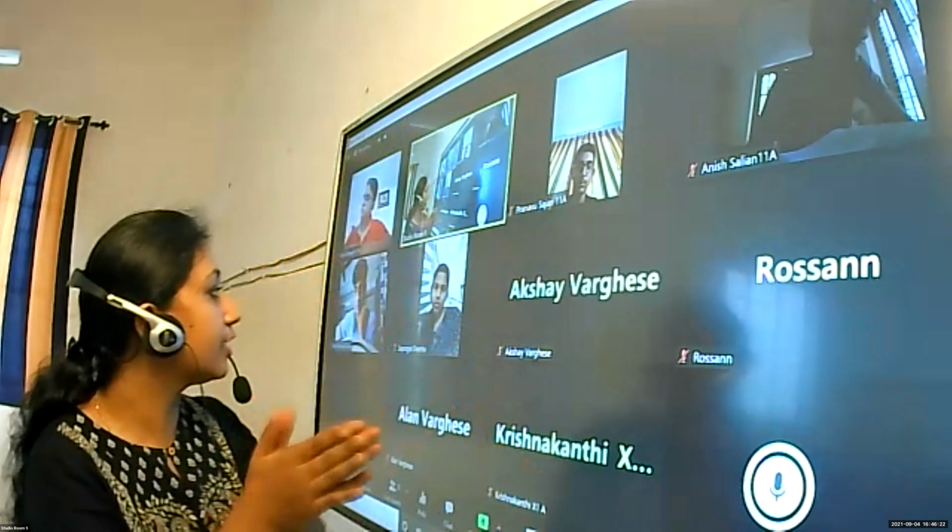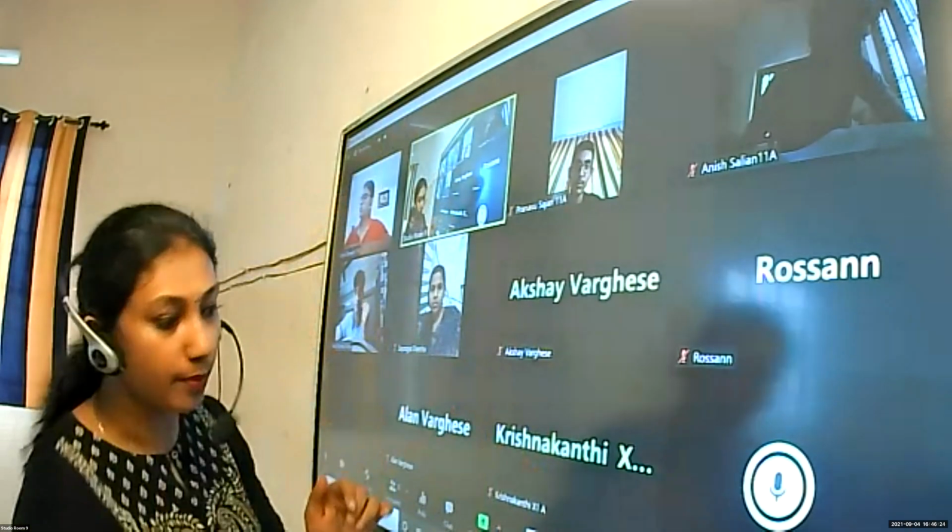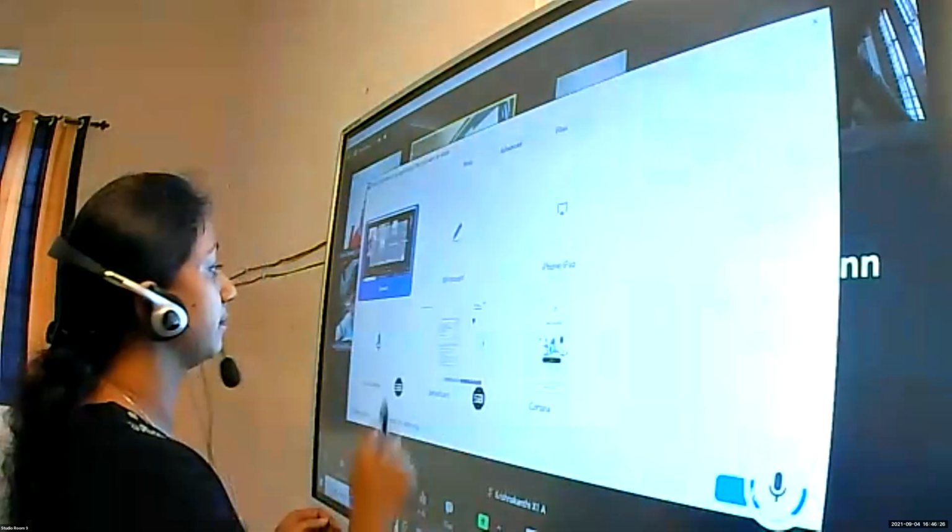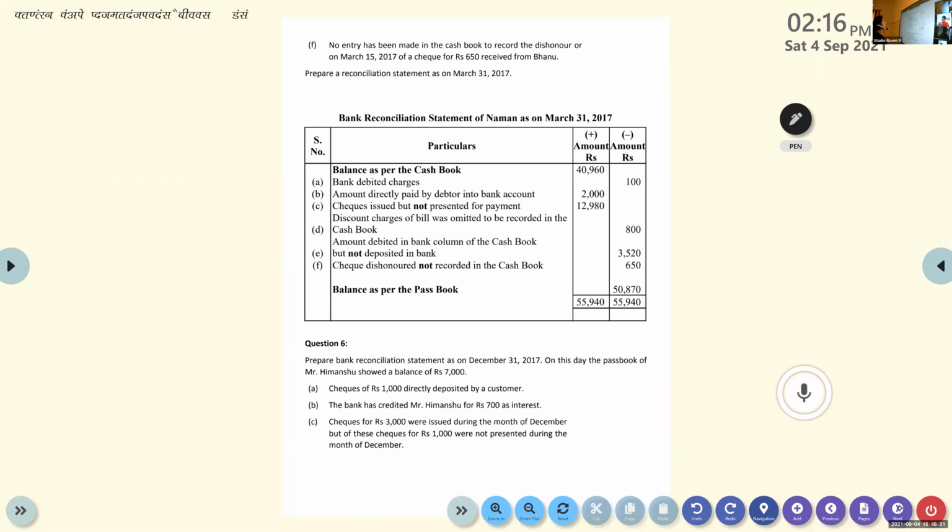So bank charges should be reduced, minus. Look at the answer. Balance as per cash book 40,960. Then bank debited charges. It is reduced from the cash book. 100 rupees reduced.